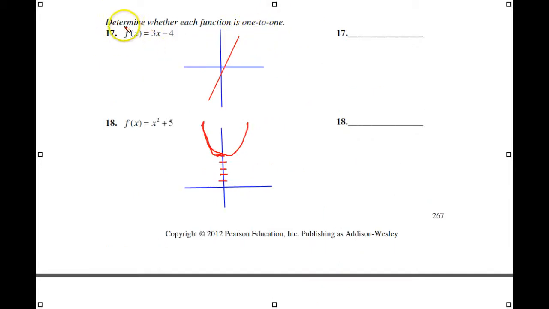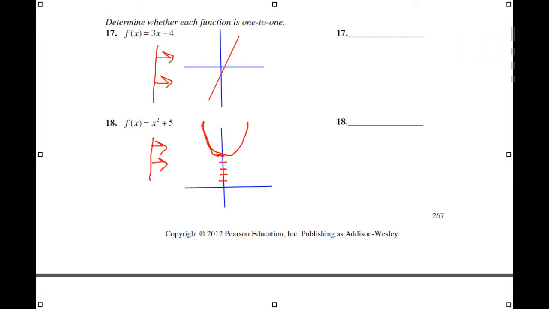In number 17, we're asked to determine whether each function is one-to-one. Well, first of all, to determine they're a function, does it pass the vertical line test? And this does, and this one does too. So these are both functions.